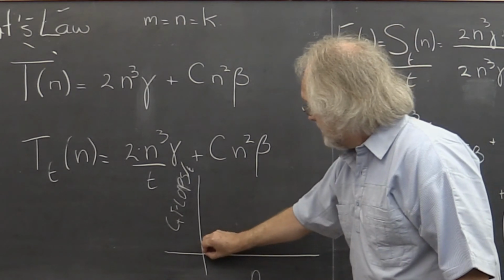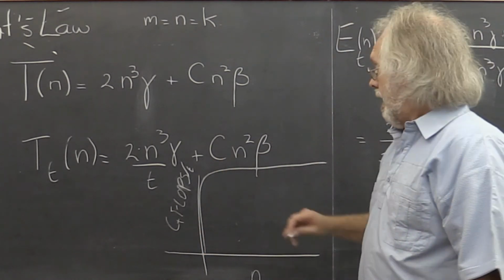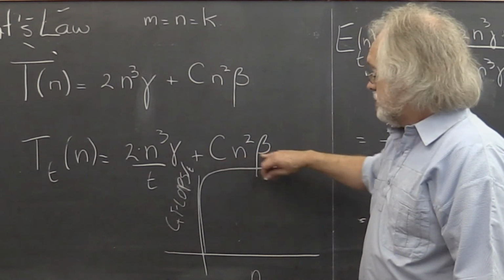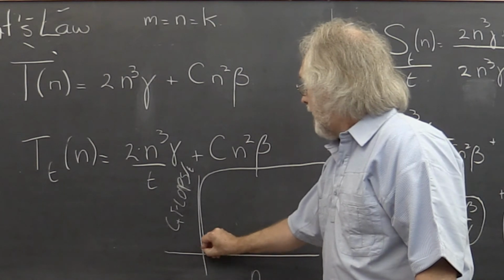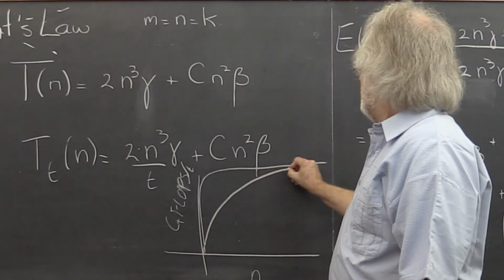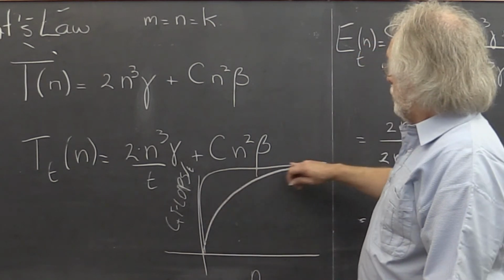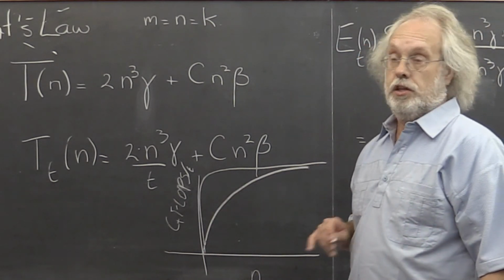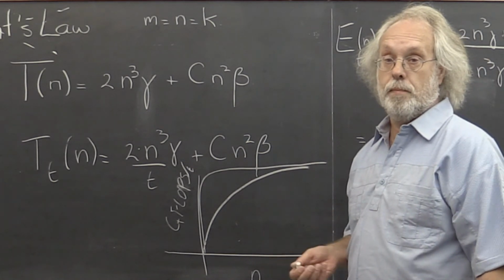On a single core you might get performance that looks something like this. And all that this term here does is it slows down how fast your gigaflops per thread approach the performance that you get on a single thread, single core.